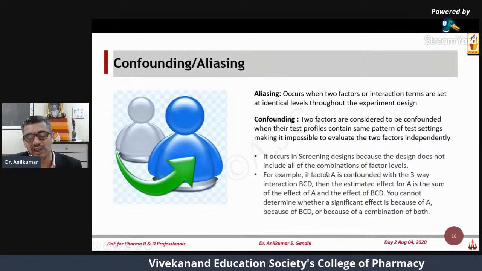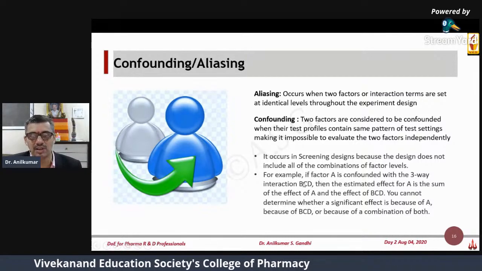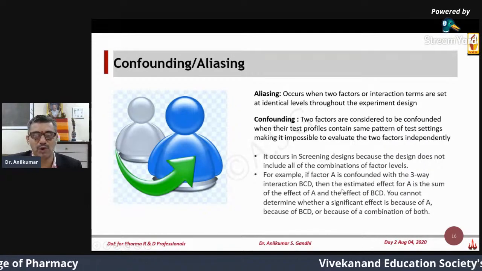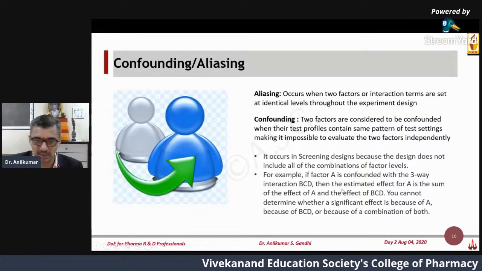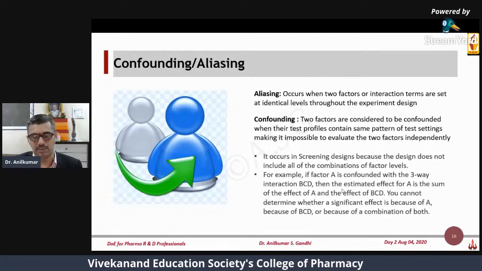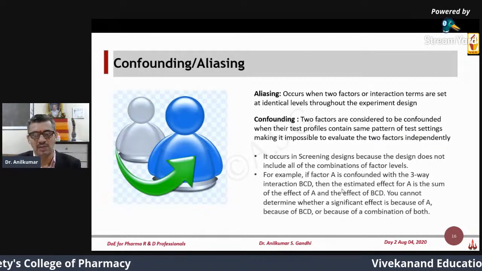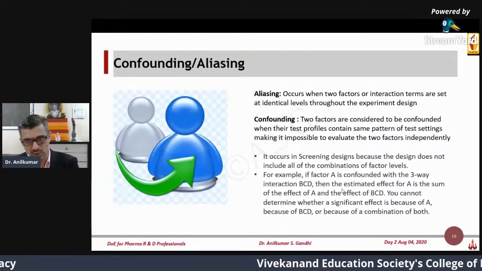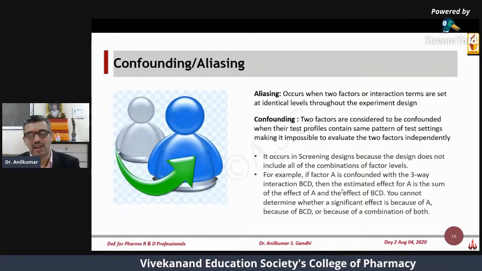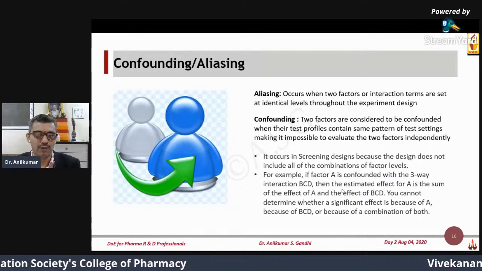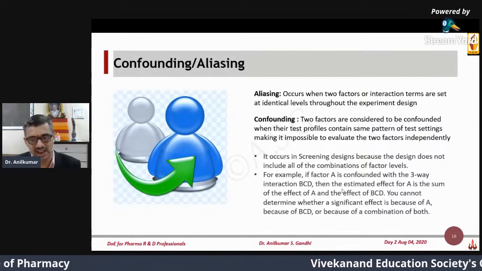Many times you will see an increased A value or increased BCD, which means that these effect values have been added up. Remember, the response is not added up. The response is separate. But when you do the calculation in the software, which depends on what design we have selected, the effect which is generated for the calculation purpose is added up.